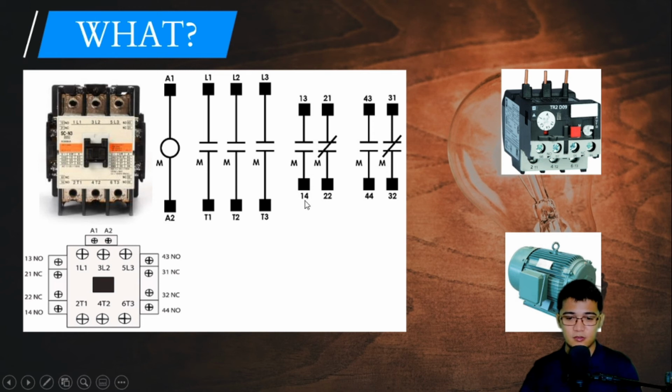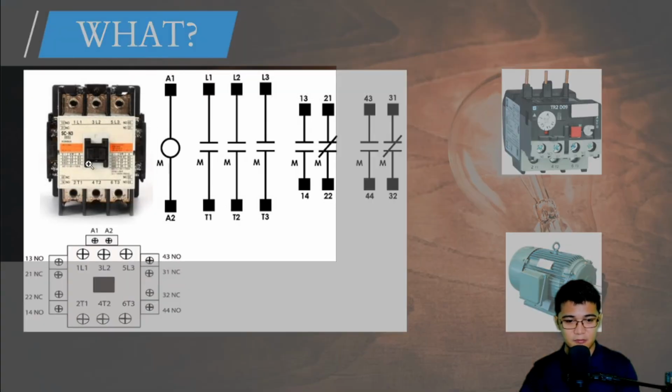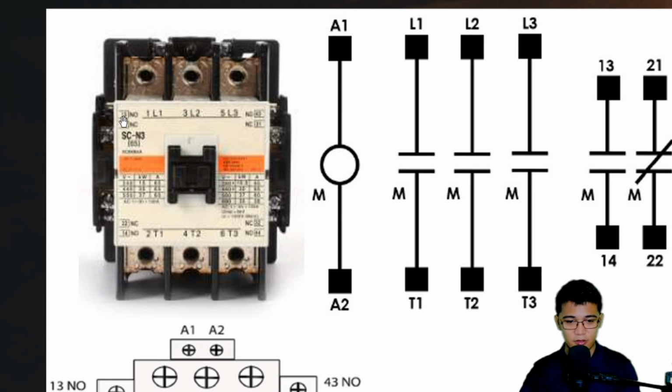Okay? So 13, 14 is normally open. So saan yan dito? If we zoom into our contactor, may makikita tayo dito 13 yung nasa ibabaw, 14 yung nasa ilalim. Meaning it's normally open. Ang 21 naman, this one, and 22, may nakalagay dito NC. So meaning this pair of contacts are actually normally closed. Okay? At its original state or normal state, current can pass through. Okay?